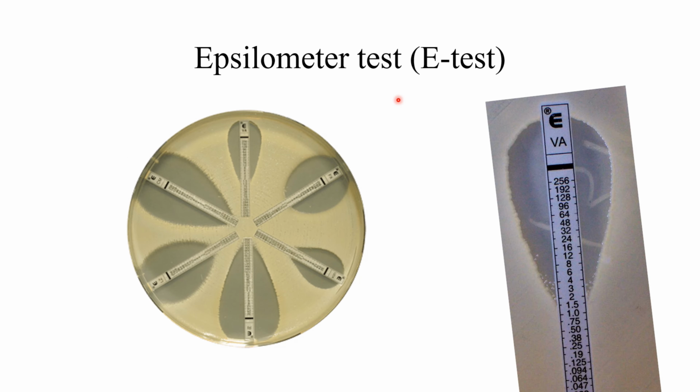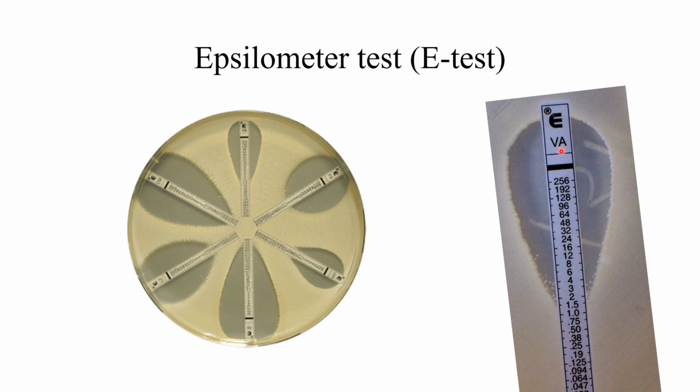Epsilometer test. What is this epsilometer test, or E-test? The E-test is used to determine the MIC, with the help of this E-strip. This is the E-strip. We can predict the MIC of the organism.